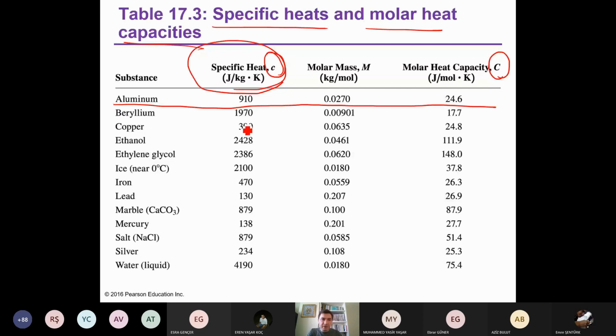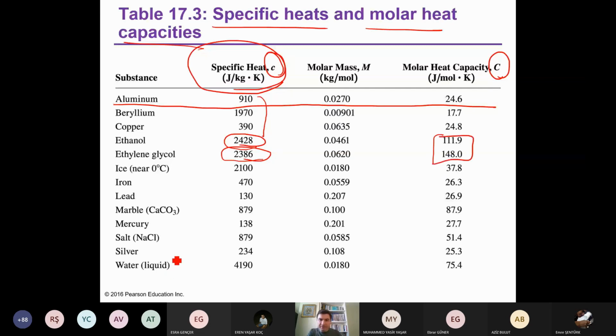Here we have aluminum, beryllium, copper, and what do you see here? Ethanol and ethylene glycol have very high specific heats and also very high molar heat capacities compared to the other materials. And here we have water, for example, liquid.